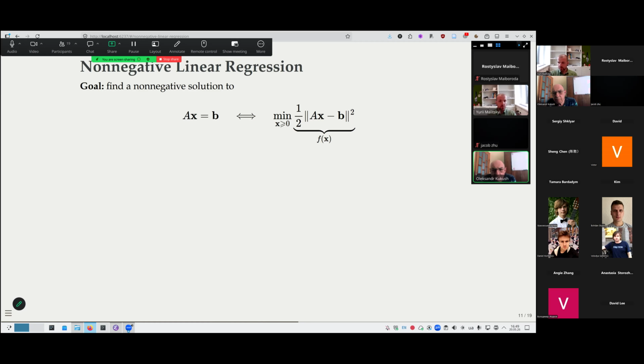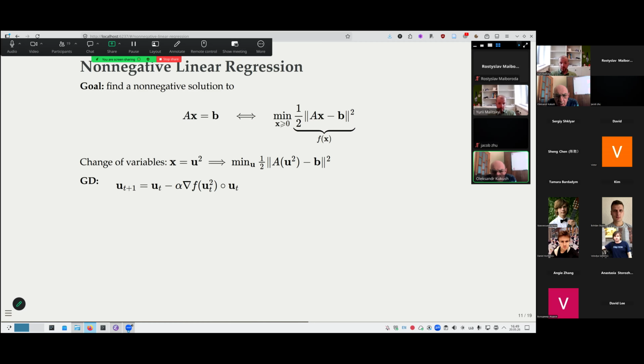So from now on, just for simplicity and to have less notation, we will consider a non-negative linear system, or non-negative least squares problem. Now we do the change of variable x equals u squared, and we will have this problem. We run gradient descent, and that's the advantage: I only have to care about one variable u, not u and v, so it's just faster to write. So this is the update we have already seen.